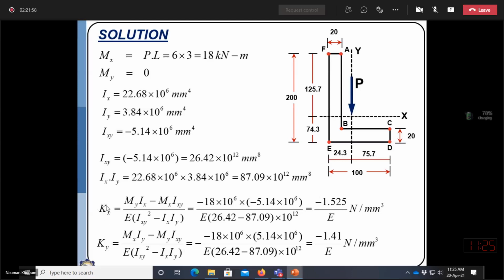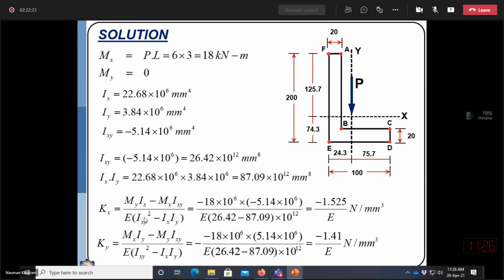Curvature in x direction is a function of the moment about y-axis. The denominator is a constant, so we can determine this factor separately to make the calculation easier.